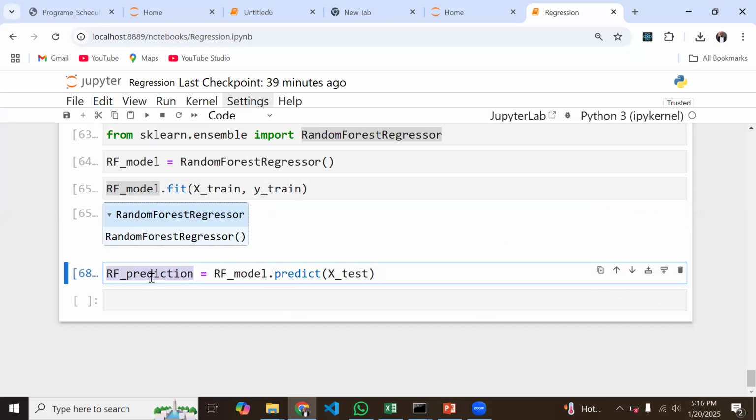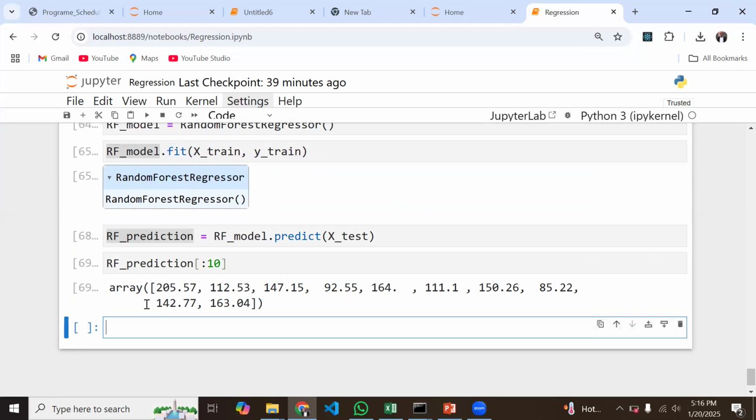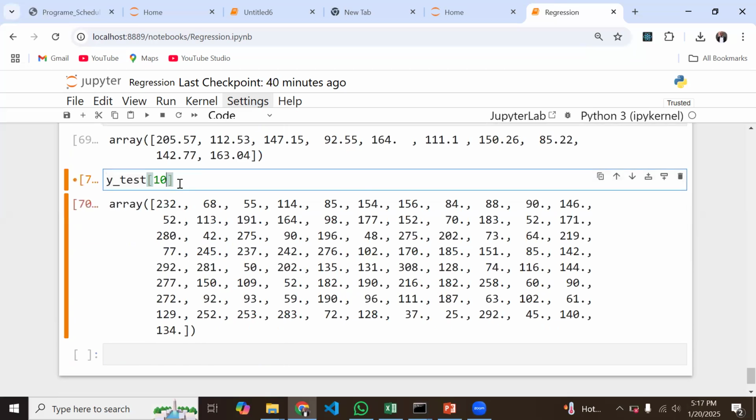Now, the thing we always have to do is to compare, but let me just slice in the first 10, and I'll compare it with the Y test, which is the actual Y values, and also slice in the first 10.